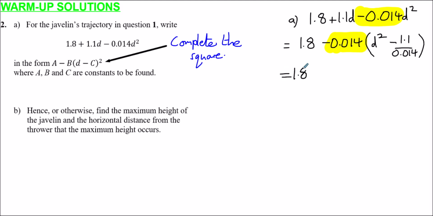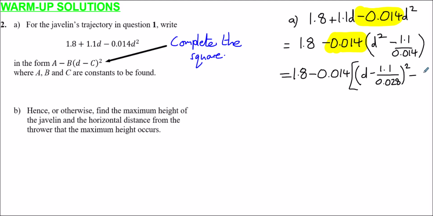Next, what we do is we now complete the square with the stuff inside these brackets here. So we've got minus 0.014. Now d squared, we just put d in the brackets. This value here we half, so if we half it we can double the denominator essentially. So it's 1.1, double 0.014 becomes 0.028.